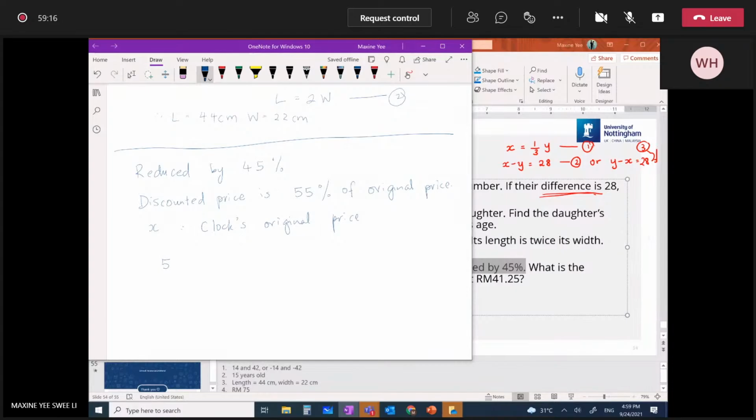So 55 over 100 of the original price equals RM41.25. Okay, so now you can work out what is the original price from here. The original price will be 75 ringgit.